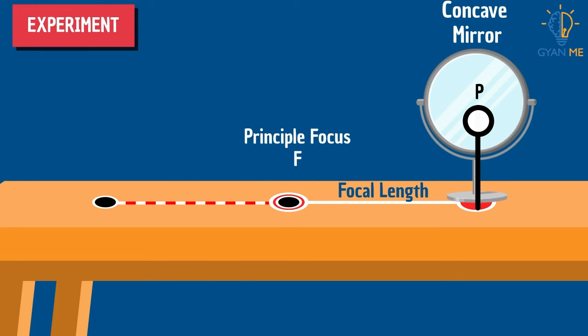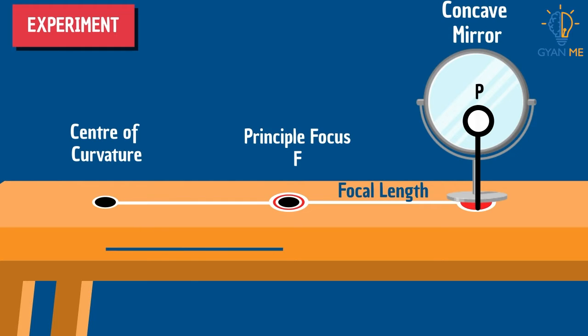And the third point is the center of curvature, as the distance between this point and the second point is again equal to focal length. That is, the distance is twice the focal length, that is 2f.